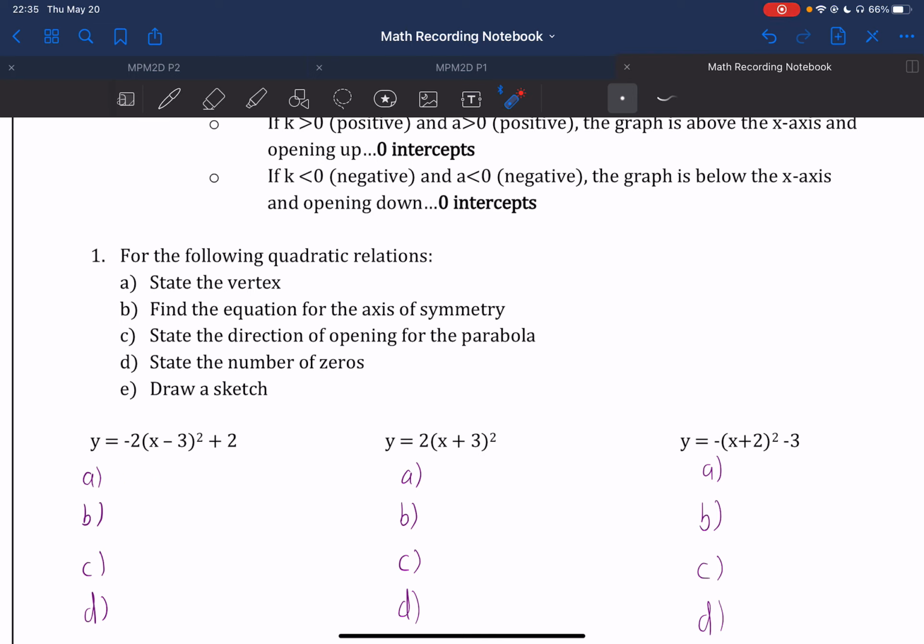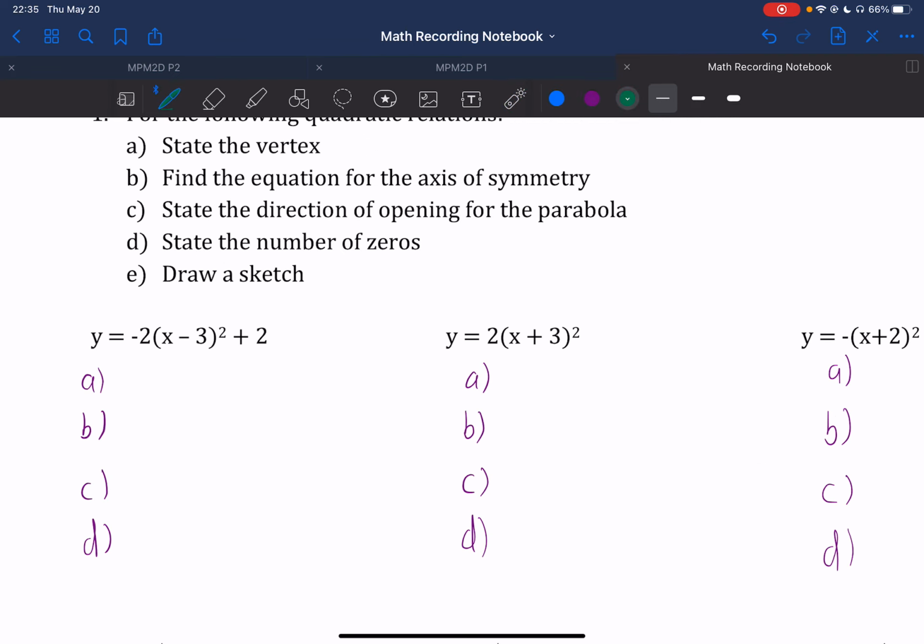So it's going to be now a positive 3. So in this case, looking at negative 2(x minus 3) squared plus 2, our vertex is going to be that positive 3 and the positive 2, which is our k, and that is the y of our vertex.